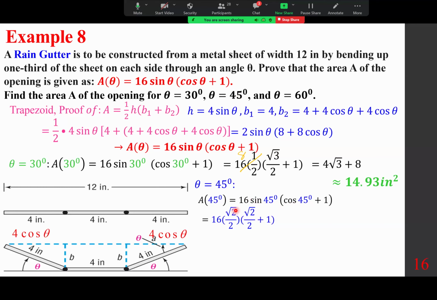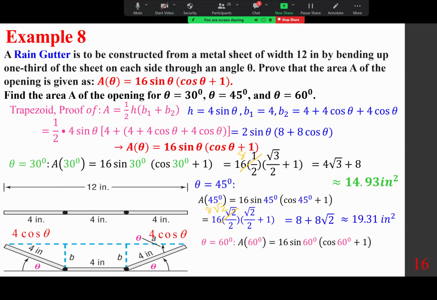Sine and cosine are both square root of 2 over 2. The product of these two is 8 square root of 2. And then when you distribute, you get 8 plus 8 square root of 2, which is an exact answer. You plug it in, you get 19.31 inch squared. Again, very straightforward, everybody.